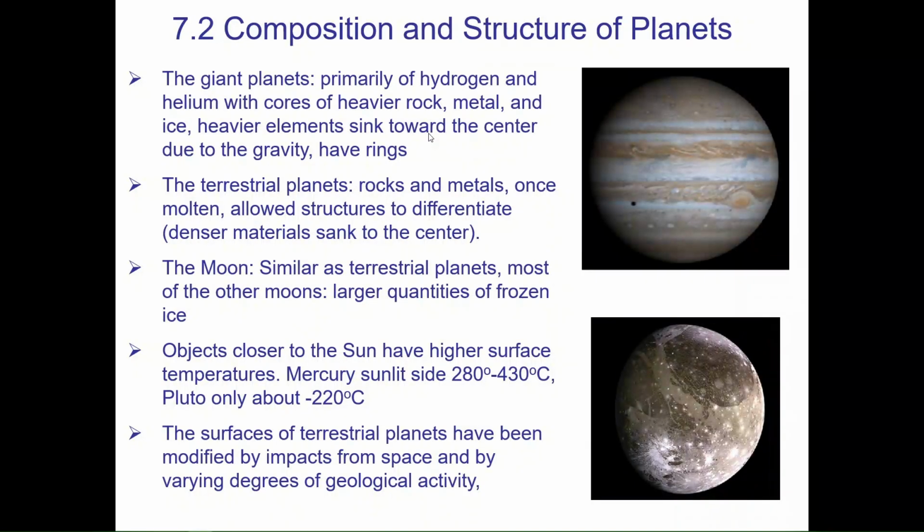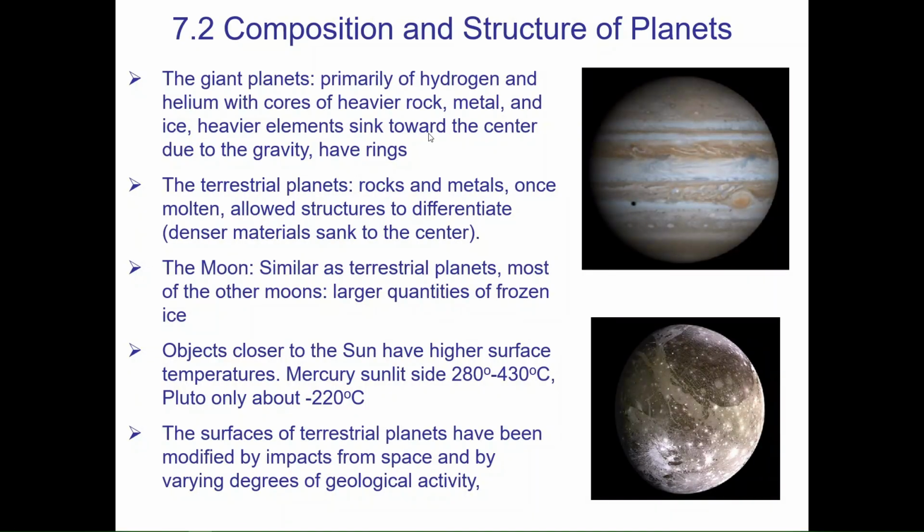So they gathered similar material from the same environment. You may have heard that the Earth has a metal core, an iron core. We also believe that these giant planets, underneath the thick atmosphere, a thick layer of gas, have a core with heavier rocks, metal, or ice.